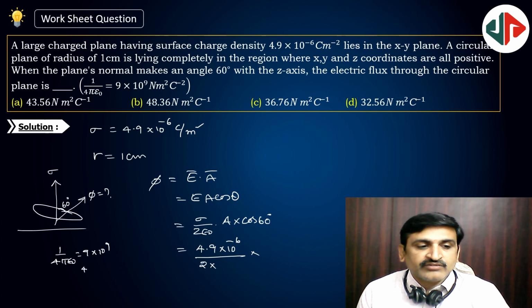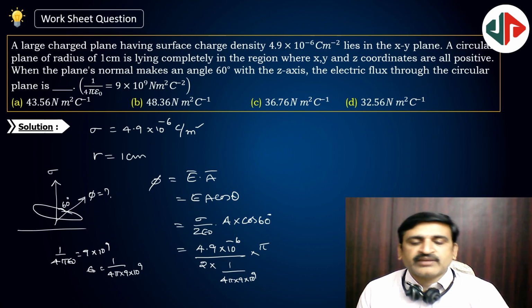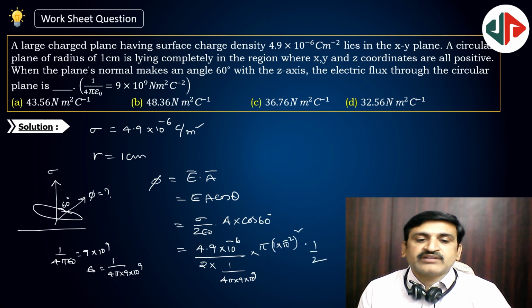We want epsilon naught value, so epsilon naught is equal to 1 by 4 pi into 9 into 10 to the power of 9. That will come to the numerator, and pi r square is there, r is 1 into 10 power minus 2 square, into cos 60, 1 by 2.